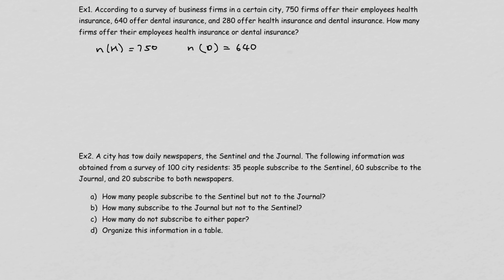And then the third information, which is 280, offer health insurance and dental insurance altogether, is going to be the number of health insurance and dental altogether. So don't forget they're using and, which means that's going to be the intersection of those two. It's going to be 280.